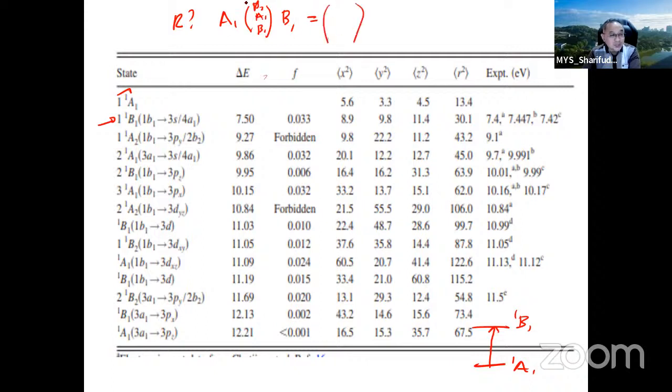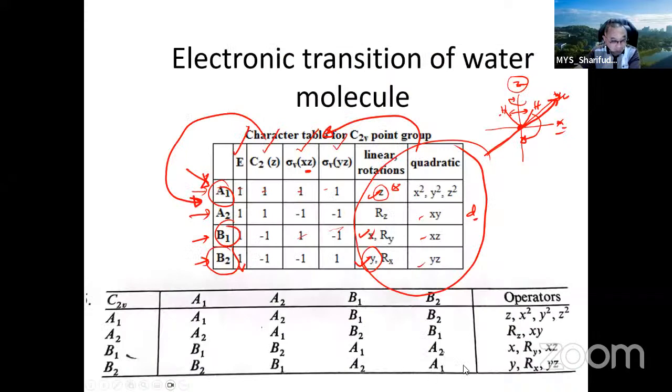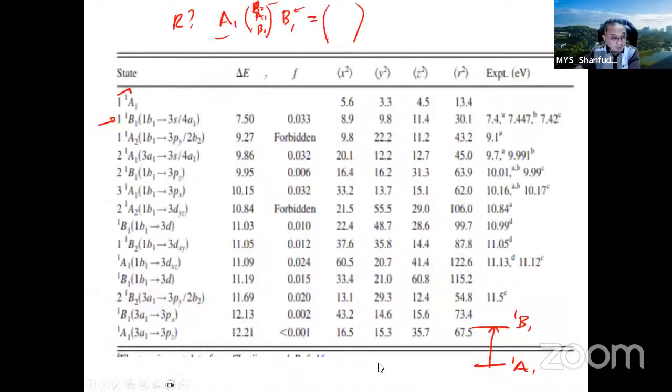What's inside here? We start with A1 times B2. This is B2. A1 times B2 times B1. Let's have a look at the multiplication. Down here is the multiplication table. We are going to multiply A1 times B2 times B1.